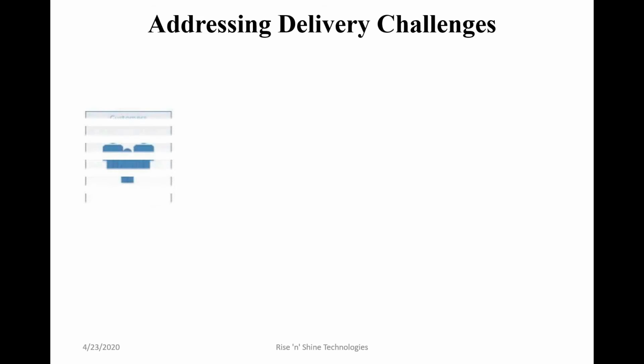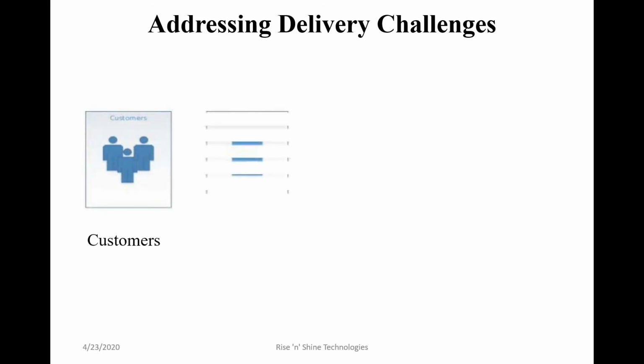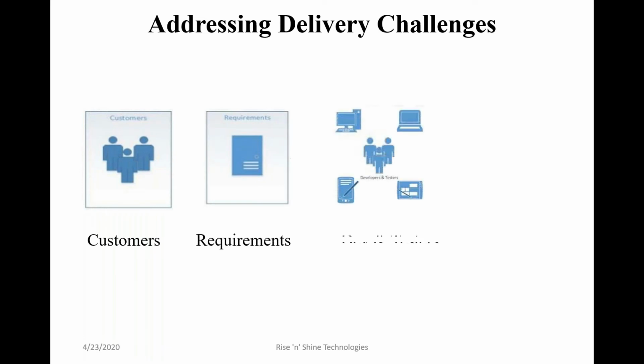If you observe why it is extending, we have customers, like vendors. Vendors give us requirements, and the requirements will be reviewed by the development teams and testing teams. Developers implement them, and testers review these requirements and, on the basis of the requirements, test whether the developers have implemented the functionality or not.